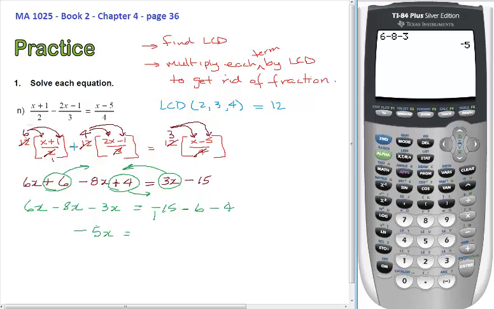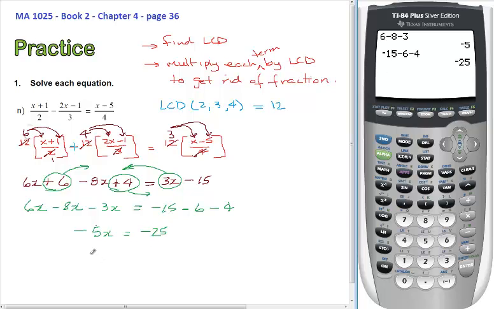There's a difference between the negative sign and the subtract sign on your calculator. Down on the bottom here, you'll see the negative sign. If you're starting with a negative, you're not going to say subtract, you'll say negative 15. Then you can say subtract 6, subtract 4. And that, of course, will give you negative 25.